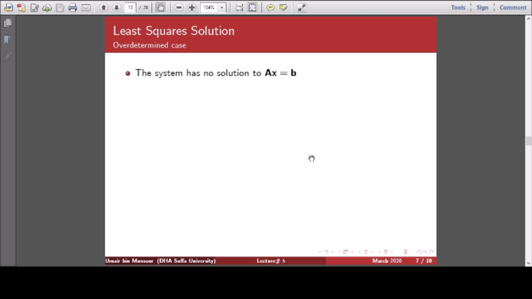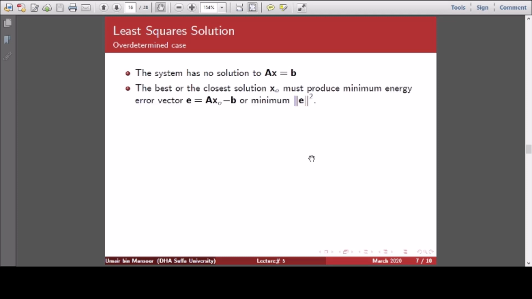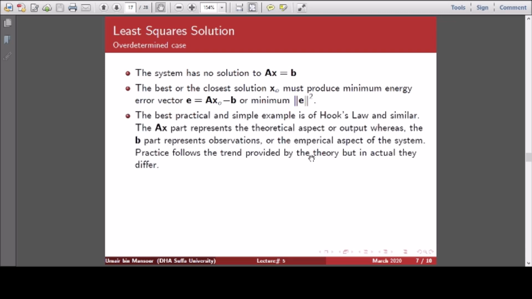Let's look at the overdetermined case. In order to understand that, I have to explain it with an example. Since we don't have a solution to this Ax equals b, before I move forward, let me just explain.